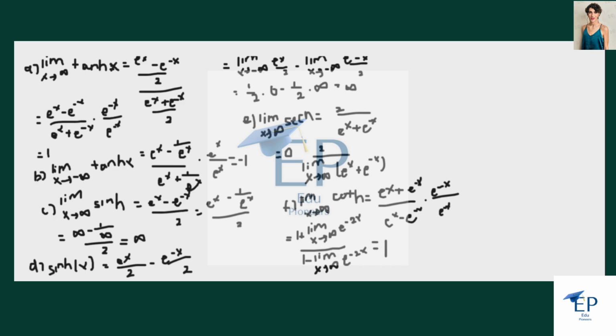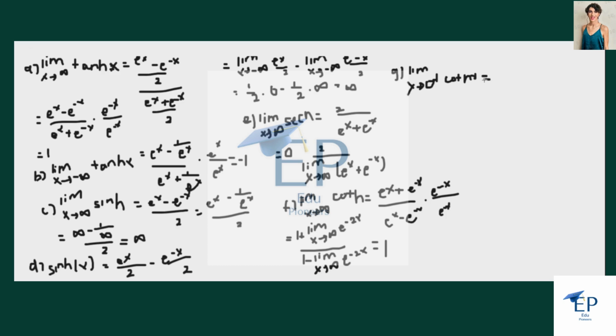For part G, we have the limit as x approaches 0 positive for the hyperbolic function of cotangent.